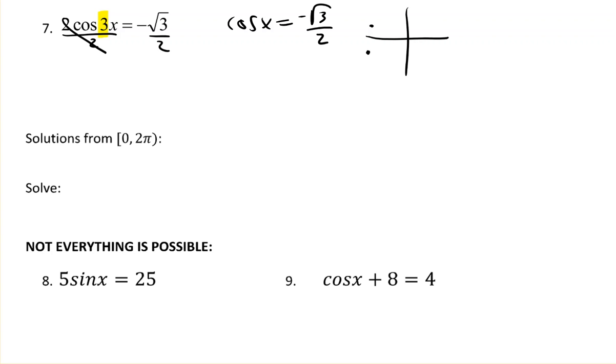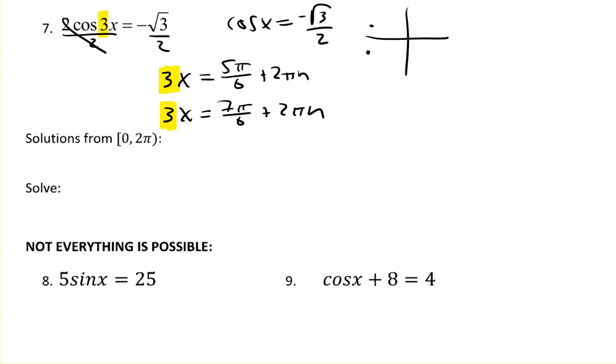And so I'm tempted to say when x is 5 pi over 6 plus everything coterminal, and when x is 7 pi over 6 plus everything coterminal. The big asterisk, though, is I didn't really solve for x. I just did that for convenience. I really solved for 3x.